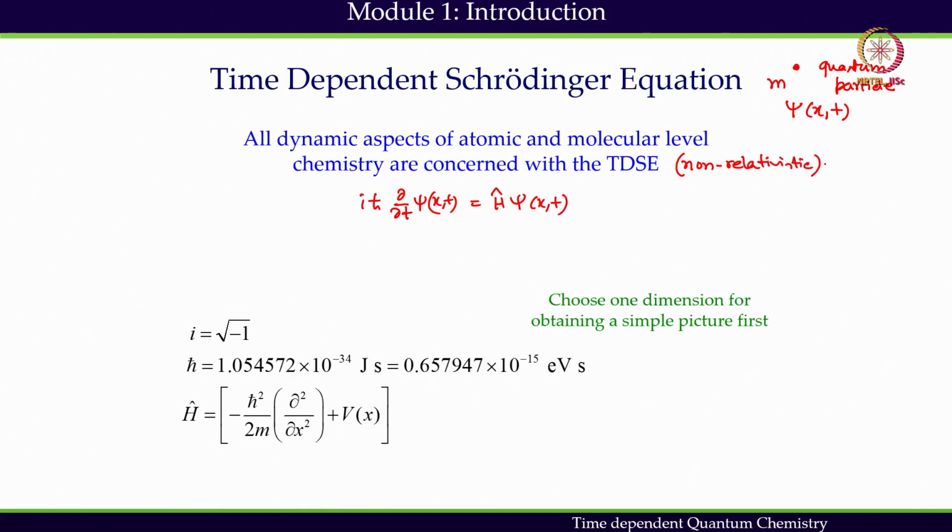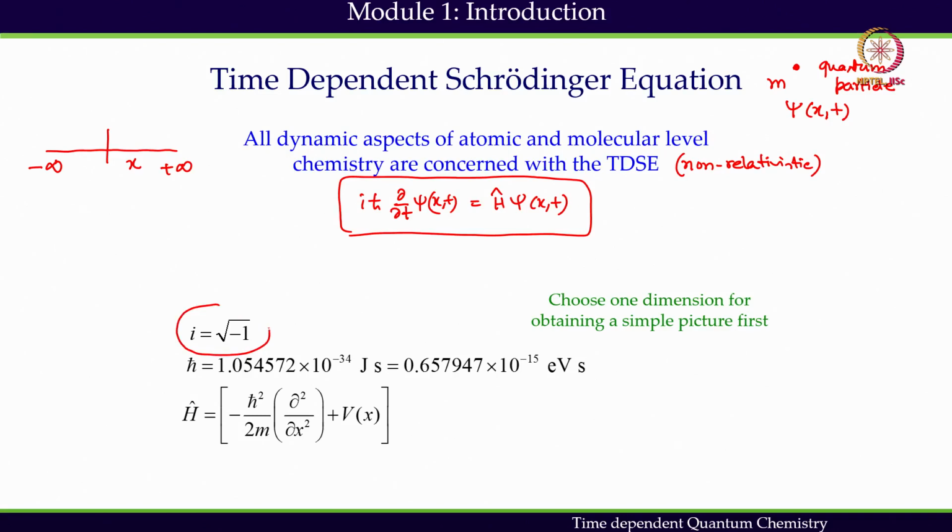A non-relativistic particle moving in one dimensional space. Let's say I have a space defined by the x axis from minus infinity to plus infinity, and the particle is moving in this space. Its wave function is given by psi x,t, and the TDSE, which governs all dynamical aspects of that system, is given by this equation, where i is a complex number, square root of -1. h-bar is the reduced Planck constant.